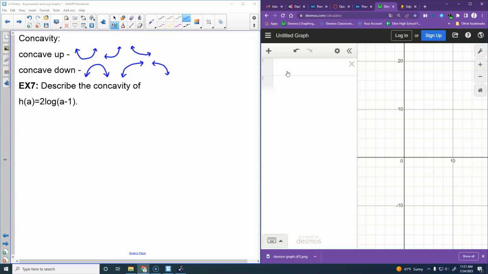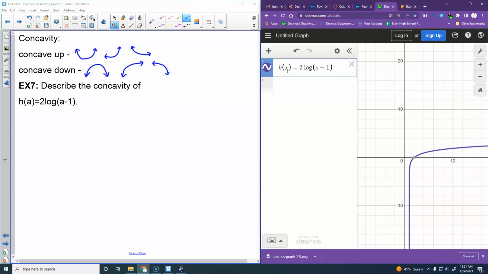All right, let's look at this. I'm going to use an X instead because it won't graph right if I use an A. All right, so if we graph this one we have a log. Concavity is much like increasing or decreasing for logs and exponentials.